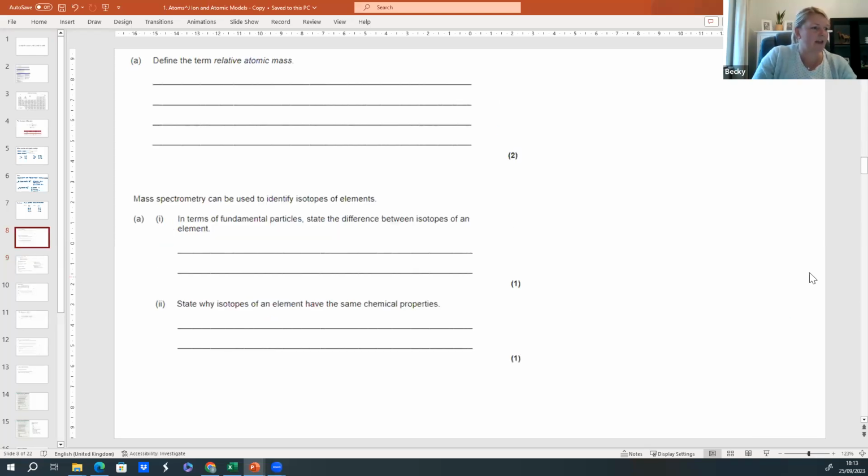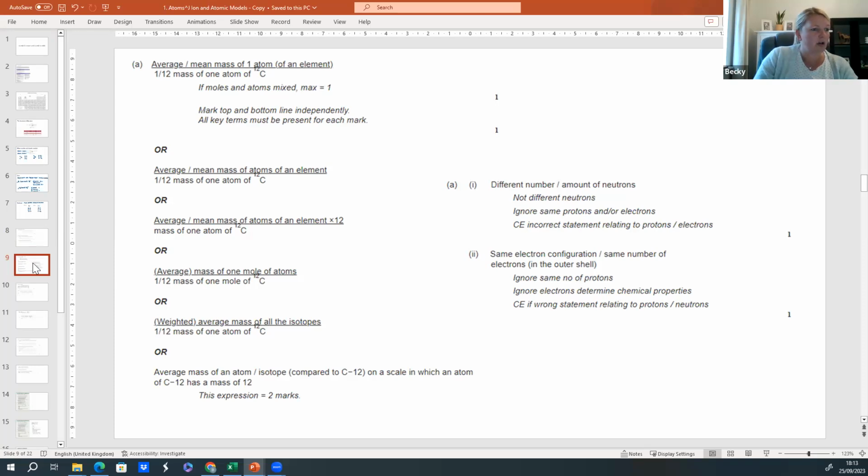So if you pop back to it then, in terms of fundamental particles, state the difference between an isotope of an element. Okay, so we've got different number of neutrons, same electrons. Okay, so that's the two things that we're looking for. If you've said the same protons and electrons, that's absolutely fine. It's just that it's the electron part that gets you the mark.